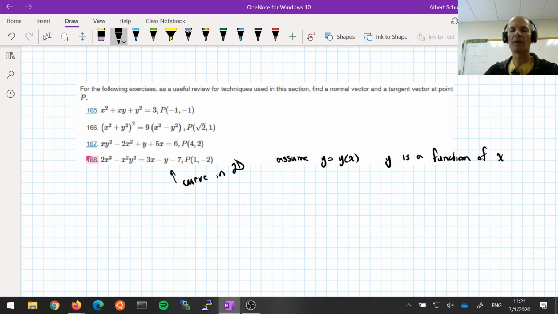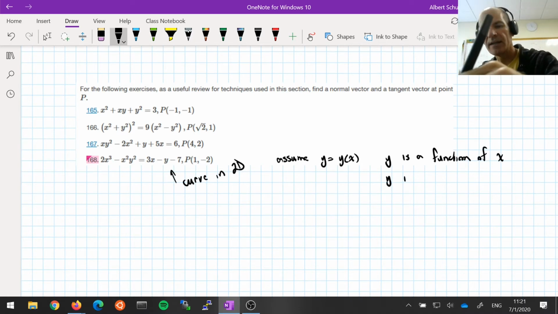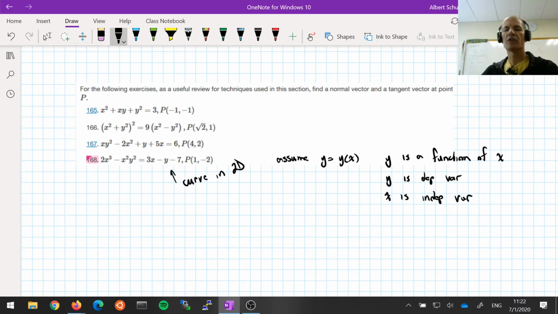This is me mathematically declaring that y is the dependent variable and x is the independent variable. And remember that we always differentiate with respect to independent variables. We never differentiate with respect to dependent variables. So we can differentiate this expression with respect to x implicitly.